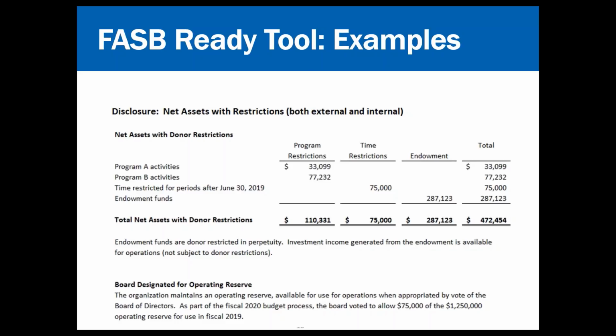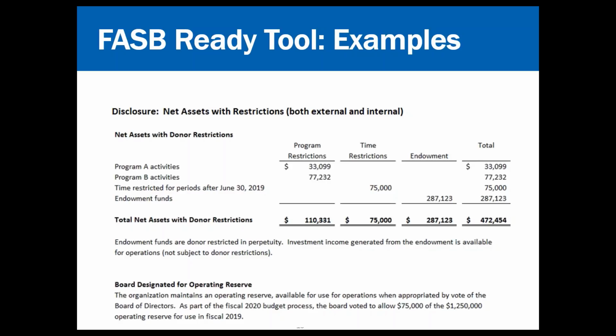We wanted to get you excited about knowing that these examples exist, and that as soon as you download the tool, they're all there for you to look at and to refer back to in your implementation. I encourage you to use these examples with your board, with other members of your leadership team, to make those choices around which disclosure you feel best represents where you are.